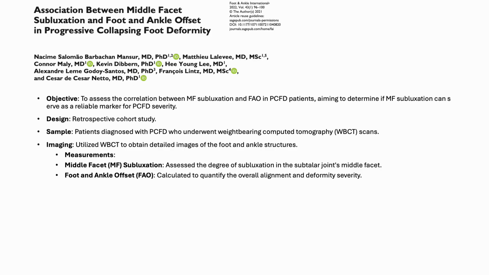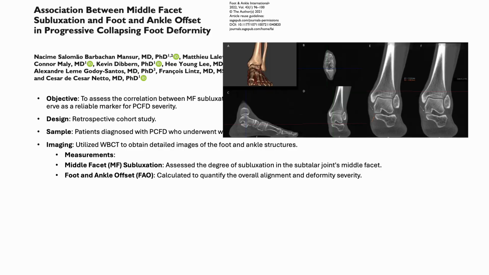They measured middle facet subluxation, and then they measured this foot and ankle offset number, which will either be positive or negative if it's in a valgus or varus orientation, which again helps you dial in whether you can correct it enough or not if you get pre-op versus post-op numbers.